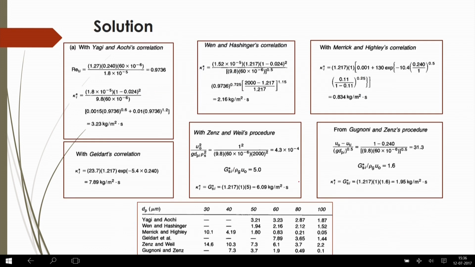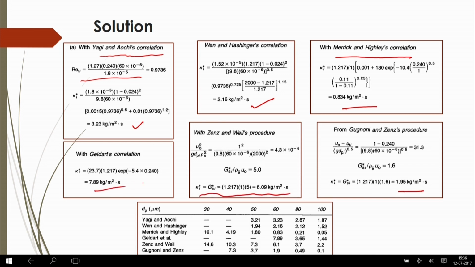With the Yagi and Aochi correlations you get K_i star as this, with Wen and Hashinger's correlations you get K star equal to 2.16, whereas with Merrick and Highley correlations it will be 0.834, and other correlations will give you different values like this.